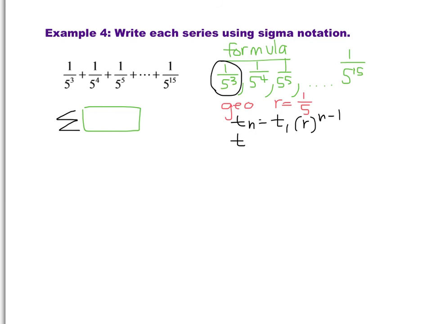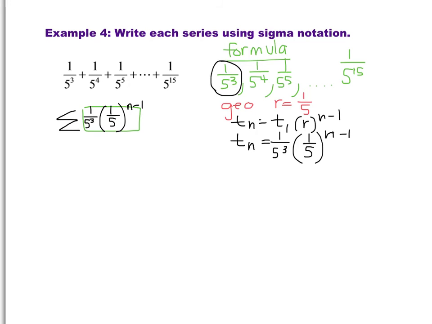So it's Tn equals 1 over 5 cubed times 1/5 to the n minus 1. And then that's our formula. So I'm going to write that here. 1 over 5 to the 3rd times 1/5 to the n minus 1.